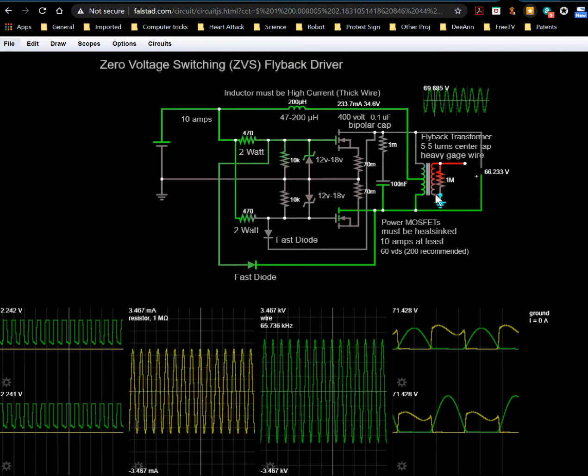Ignore this secondary, that has nothing to do with it. That's for the simulator. So again, you don't even have to have this. You would have this secondary here if you had a flyback transformer hooked up to it in some way, but you wouldn't have it with an induction coil, for example. There's no secondary, but this thing still works.